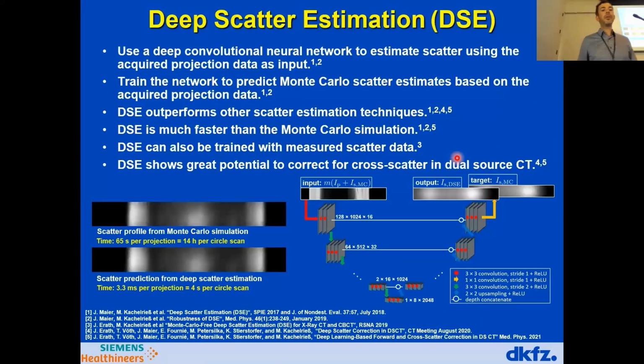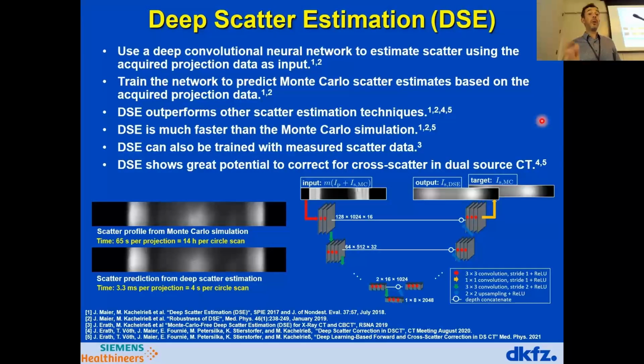So I will shortly show you the deep scatter estimation, which we have recently shown. The deep scatter estimation is a convolutional neural network which tries to estimate the scatter based on just one projection. The deep scatter estimation can be trained either by Monte Carlo or by scatter measurements. And once the deep scatter estimation is trained, it will outperform other techniques.